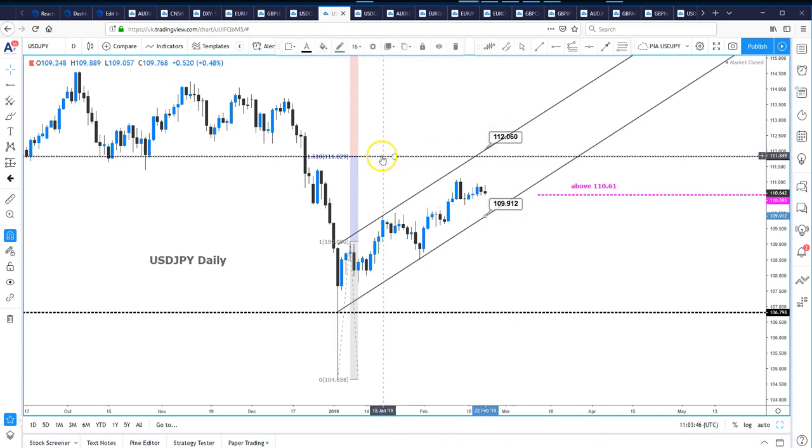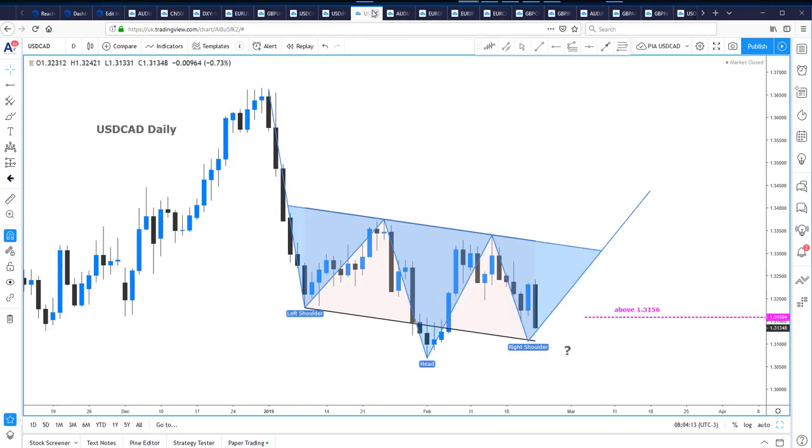Would prefer to sell rallies up around here, which is a 161.8% extension level. Comes in at 111.83. It used to be support, it now becomes resistance. We've also got channel top located at 112.06. So again, signals are really lacking strength at the moment, with no real clear direction in this major currency pair.